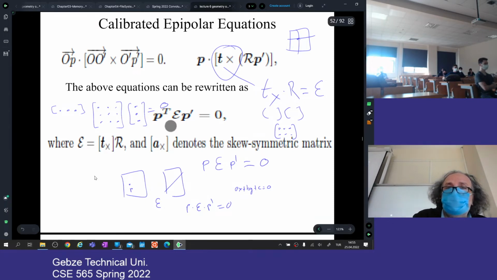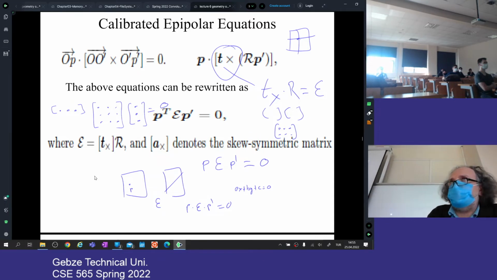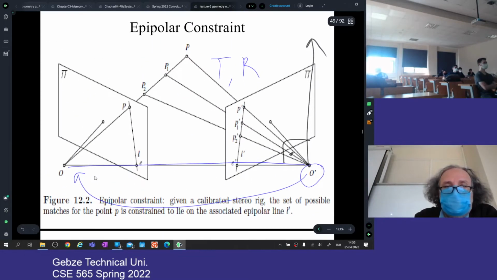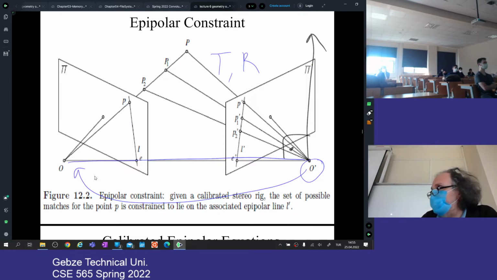In the camera coordinate system, it doesn't work that way. Why? Because in the camera coordinate system, we are talking about millimeters. If this is 0, 0, 0, then my point is here, and so on. That's not a good thing, because most of the time I don't know what my camera coordinate system points are.